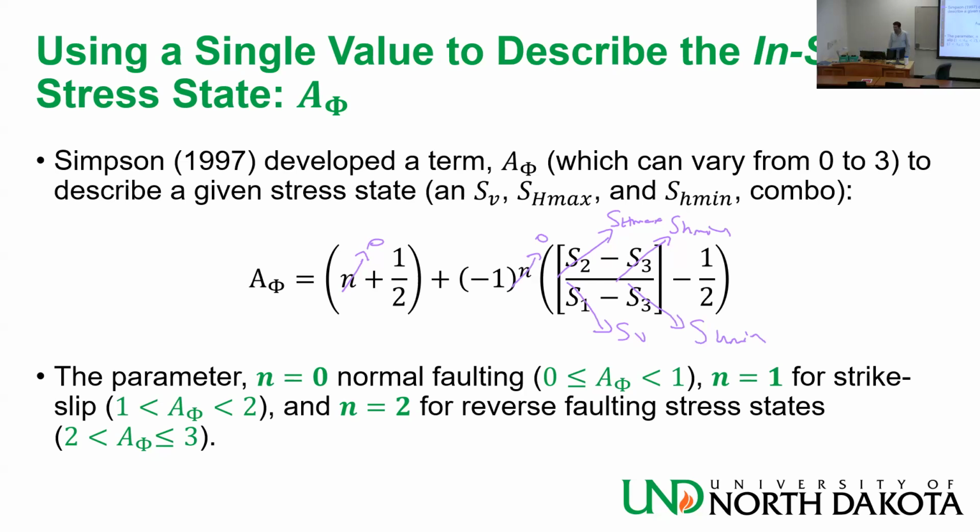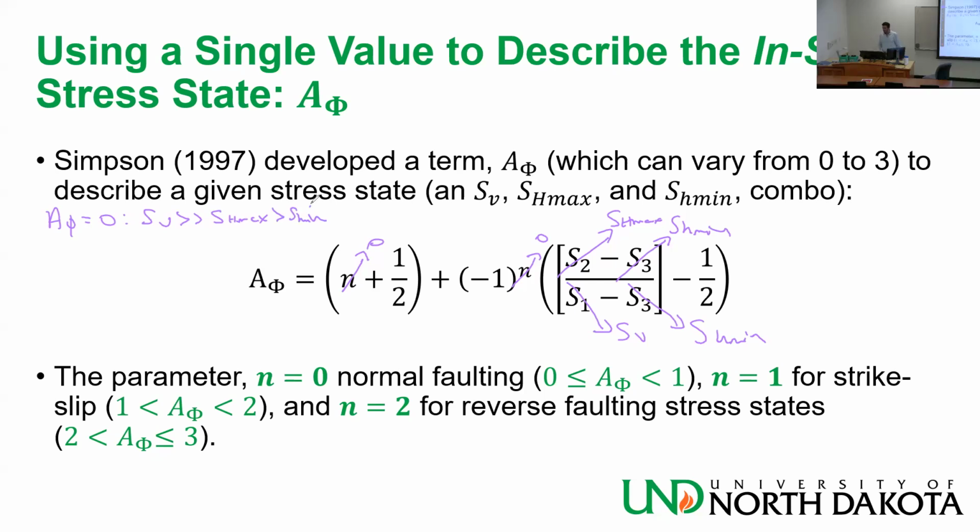Okay, what happens when alpha phi is 0? It means that your SV is way bigger than SH max, which is very close, I guess, almost the same as SH min, or compared to SH min.